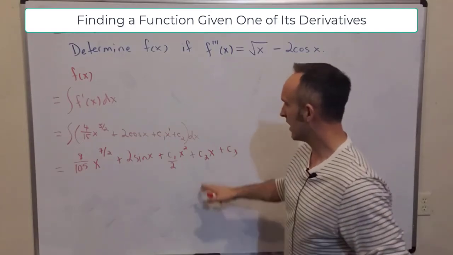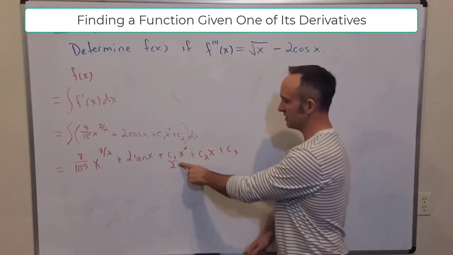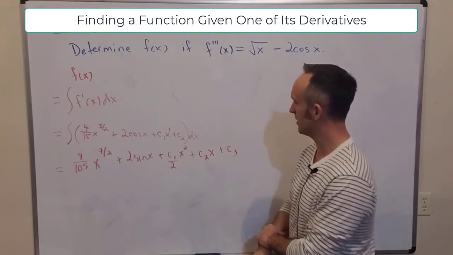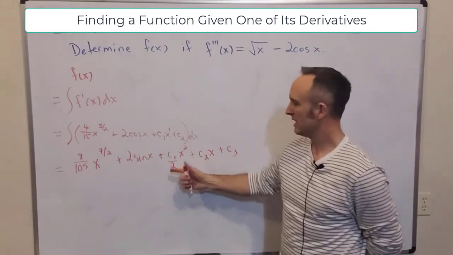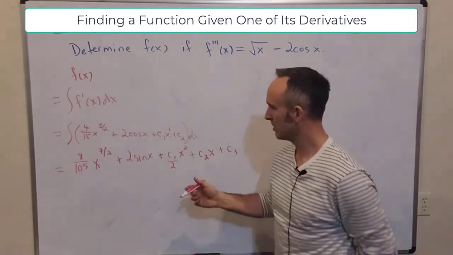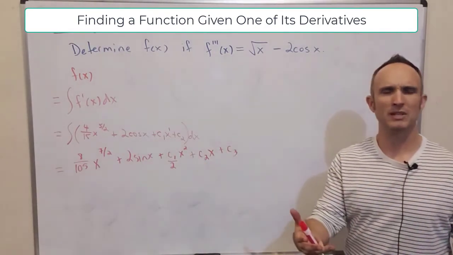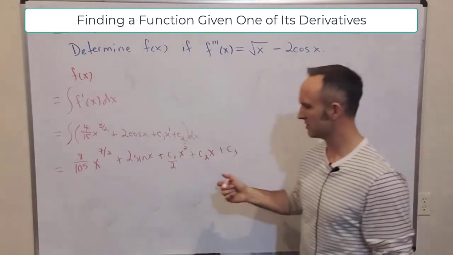Now, you can see the constants playing out here. You've got c sub 1, c sub 2, c sub 3. It's very common to incorporate this c sub 2 into this constant. Because remember, these three constants are three arbitrary constants. They don't have to be the same, they just have to be three arbitrary constants.